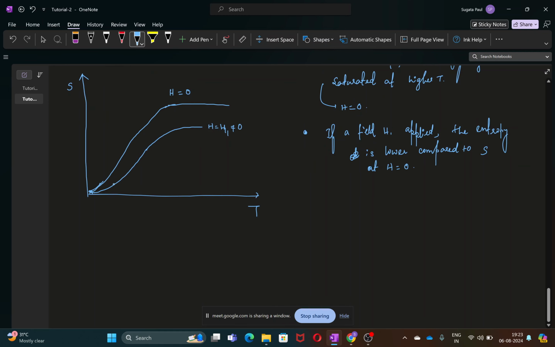Because you can see in this graph that if you take a particular temperature, and draw a straight vertical line to see where you land on the two curves, for H equal to H1 you are here, and your entropy is lower. But at the same temperature, when you are at H equal to 0, that means zero field, your entropy is higher. So with a field application, even at the same temperature, your entropy is lower compared to the zero field process.